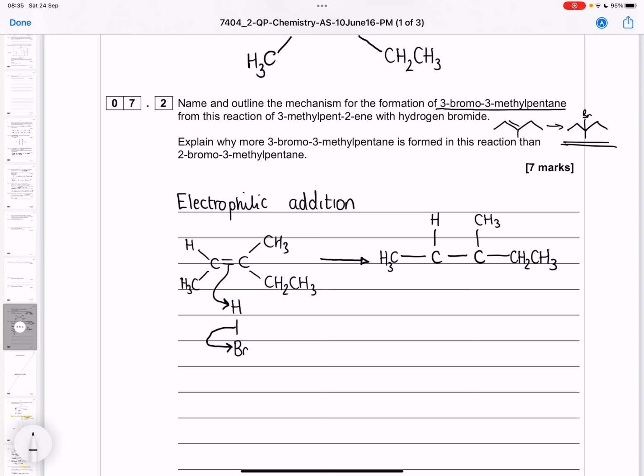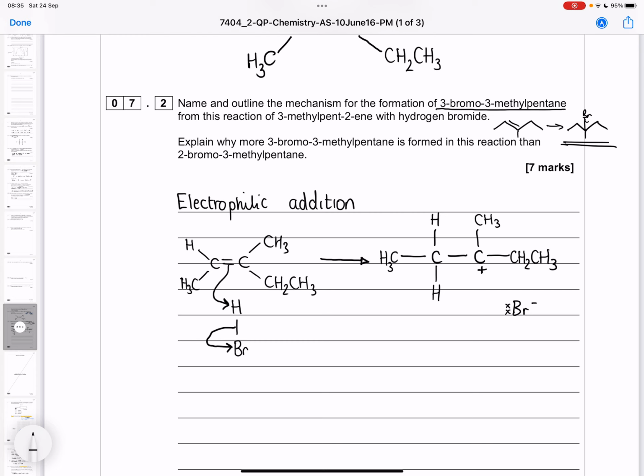Up here, we're trying to put the Br onto the same carbon as this extra methyl group, and so that must be where the positive carbocation charge is, because that's where the Br needs to go in the next step, and the hydrogen must be going on the left hand carbon of the double bond, because that's what our product is showing us to produce. This actually also happens to be the major product formation route, because this is the most stable carbocation intermediate. I'm going to talk about that in a little bit.